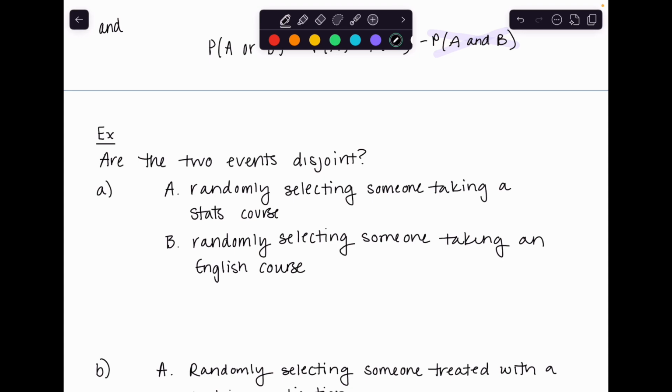If you think about it, it is 100% possible that someone is taking stats and English at the same time. It might even be you, since you're taking this course. If you were taking English right now, you are fitting in both of these events. So both can be true simultaneously, and these events are not disjoint.